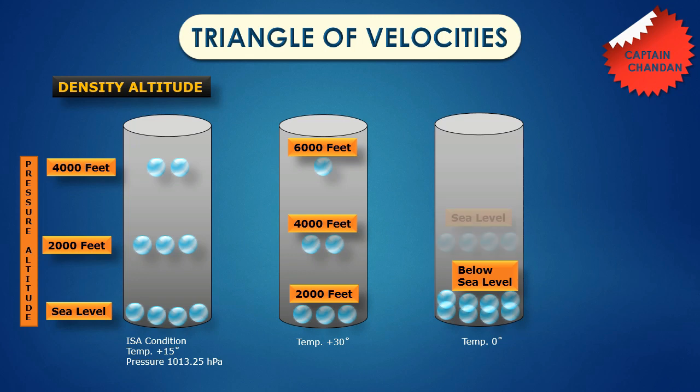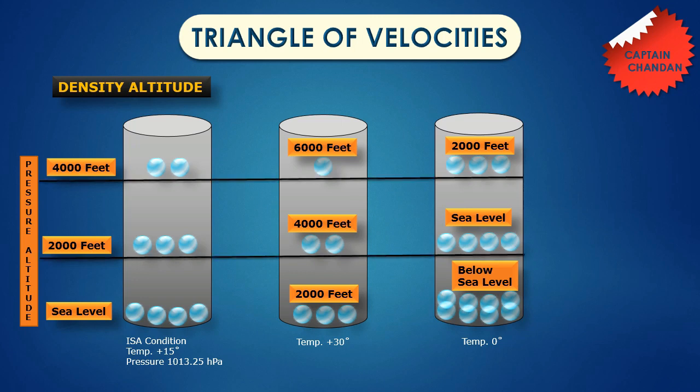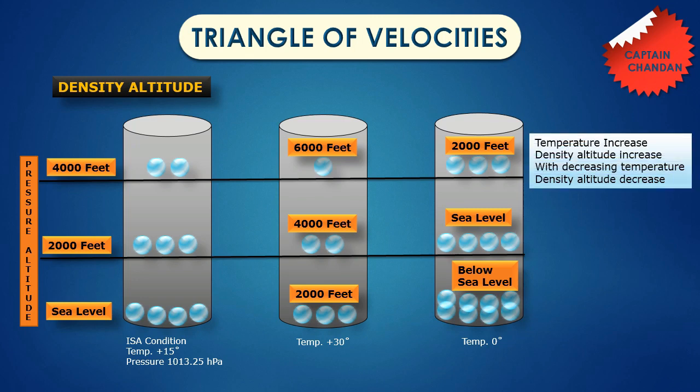Now if you climb to pressure altitude 2000 feet, what will the aircraft sense? The aircraft will sense that it is at sea level, that is 4 molecules, denoted as sea level. If you climb further to pressure altitude 4000, your aircraft will sense that it is flying at 2000 feet density altitude. So if temperature decreases, density altitude also decreases.